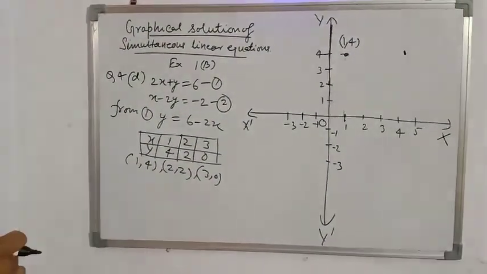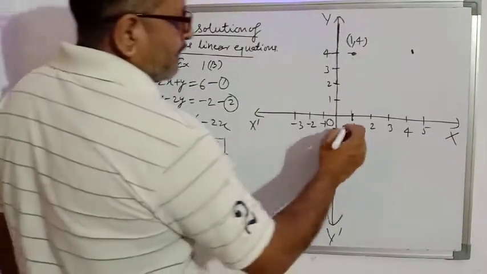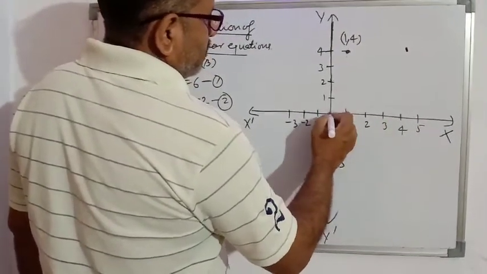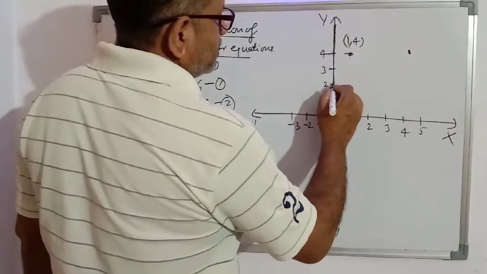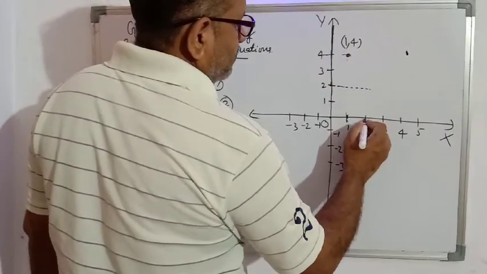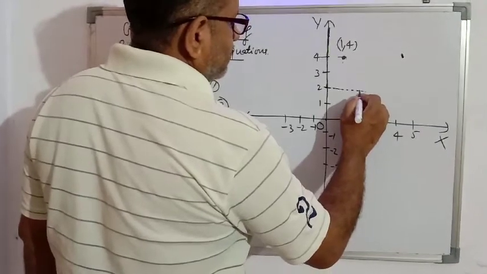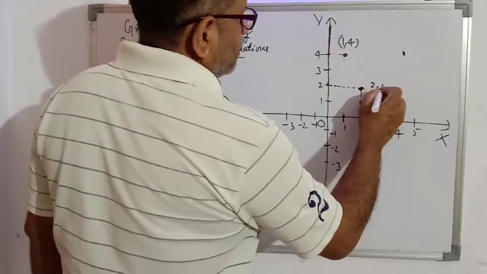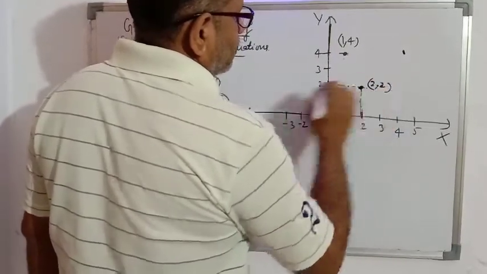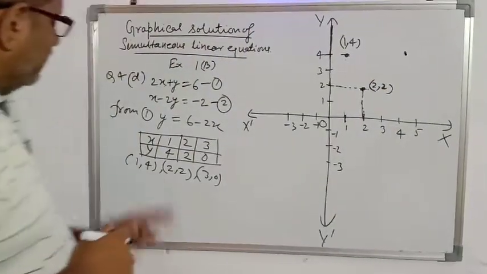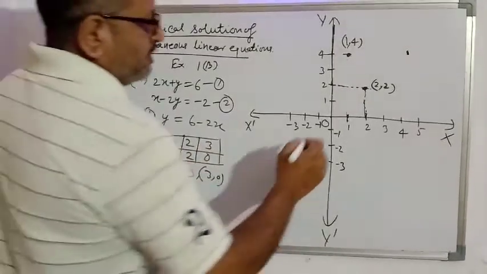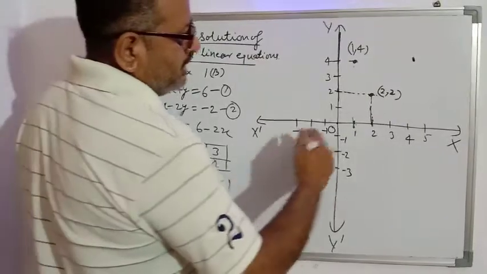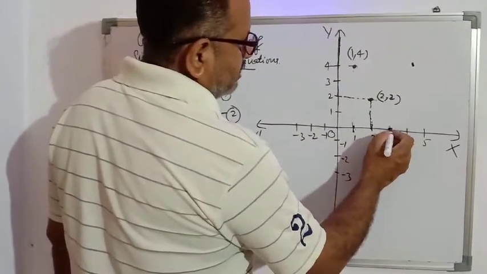Next, x is 2, y is 2. So on the x-axis we move 2 units, and on the y-axis 2 units. This point is 2, 2. And when x is 3, y is 0, the second component is 0, so it will lie on the x-axis at 3 units.